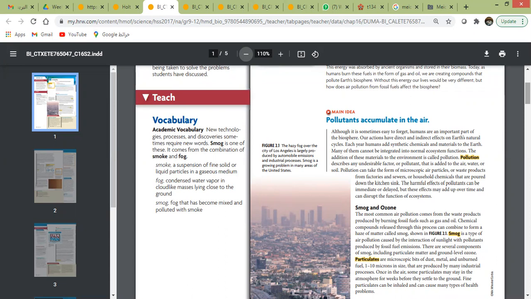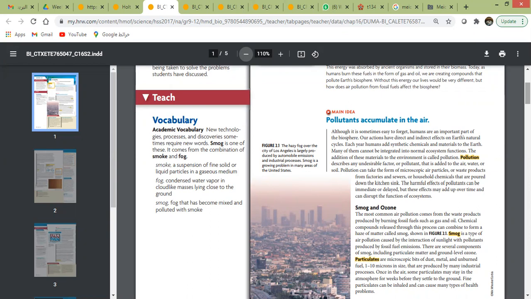Okay? Is it clear till now, guys? Any questions? Can you repeat the last thing? Yes. The last thing: we said that as humans we depend a lot on fossil fuels, to run our cars, for the factories to work, for transportation.